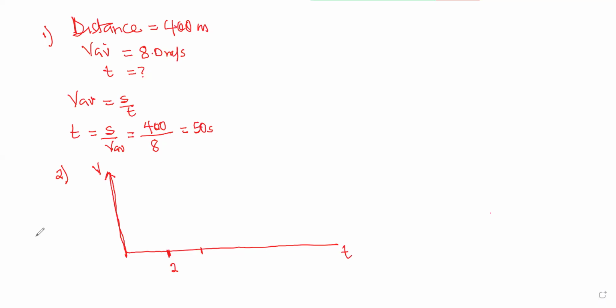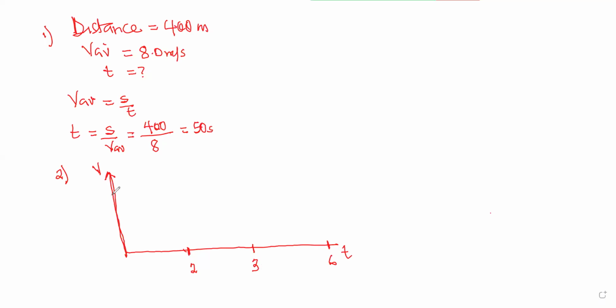Let me expand the time a bit so that the graph will be clearer. Assuming this is 2 seconds, then it moves at a constant velocity for 1 second, and finally decelerates for 3 seconds. So 3 plus 3, this will end at 6.